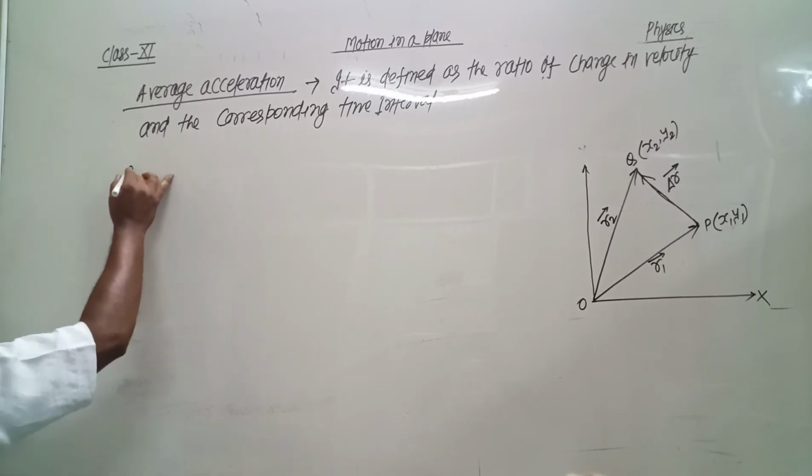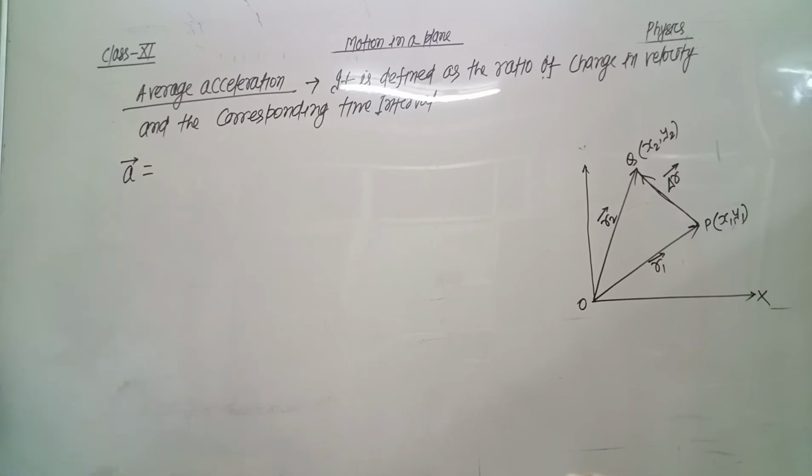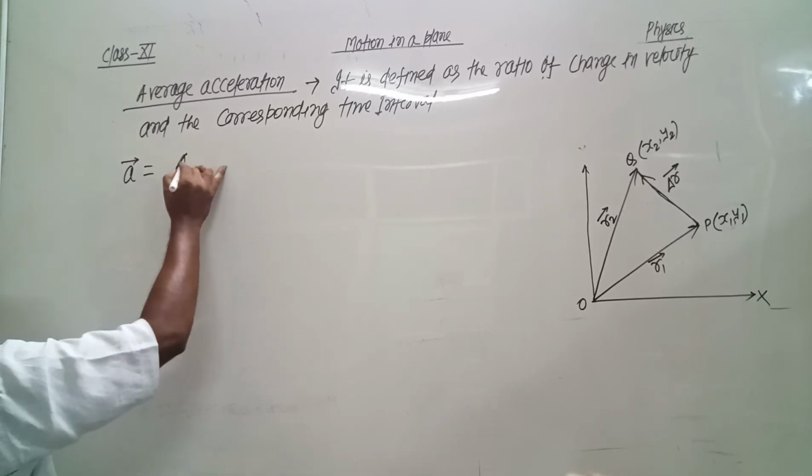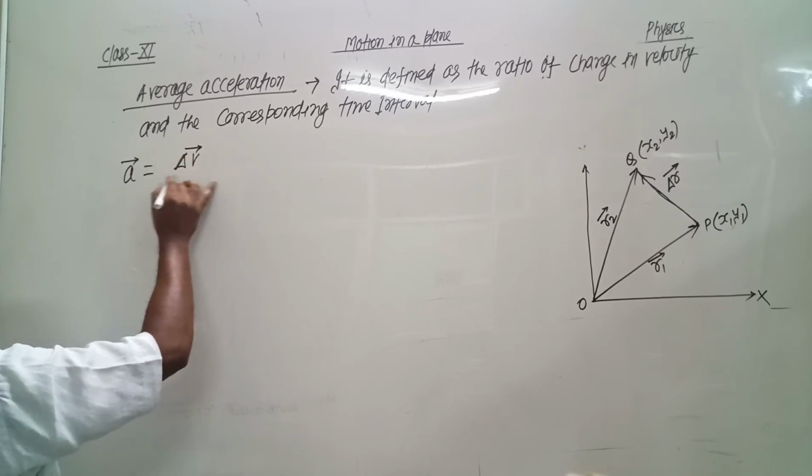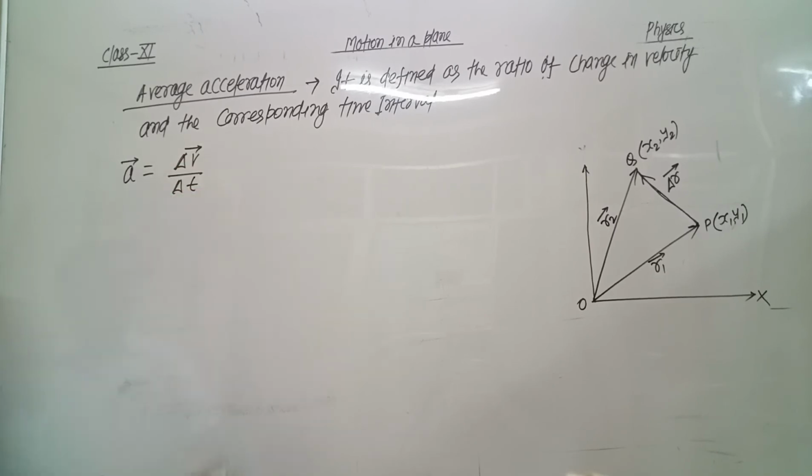So the average acceleration vector A is given by delta V vector by delta t, where delta V is the change in velocity.